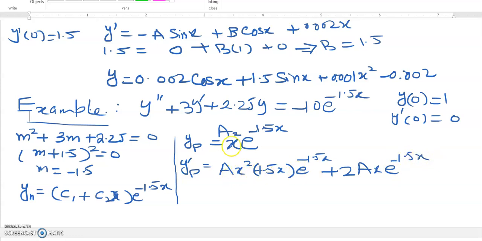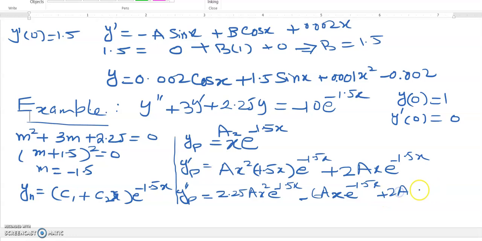Basically we have applied the product rule for this differentiation. For y p double prime, you can do that, and after simplification it will be 2.25 a x square e power minus 1.5x minus 6a x e power minus 1.5x plus 2a e power minus 1.5x.